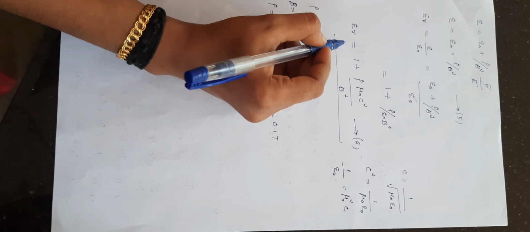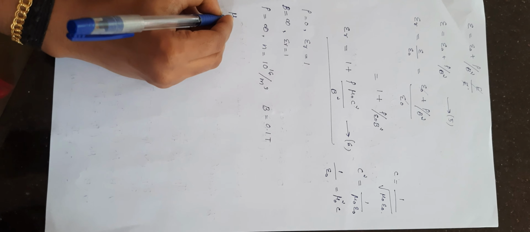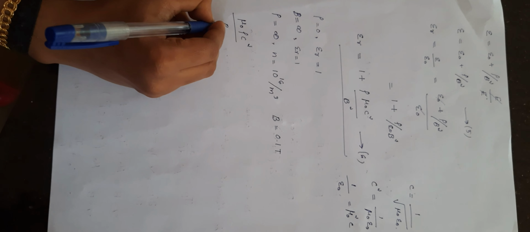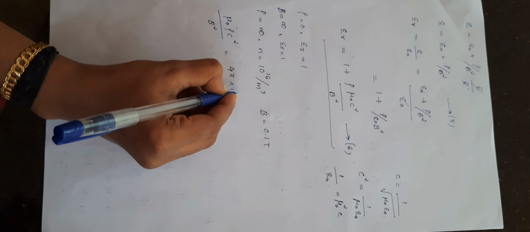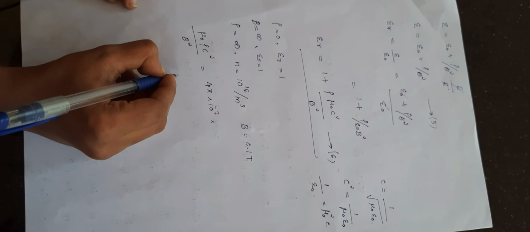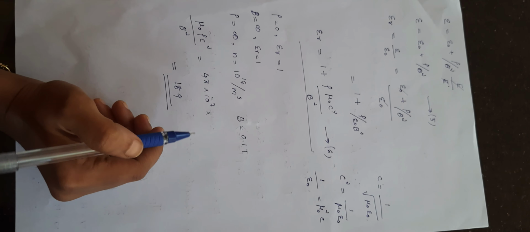Here mu naught into rho c square by B square is equal to 4 pi into 10 raised to -7 into the values, and when we substitute all those values we get 189 for the hydrogen atom.